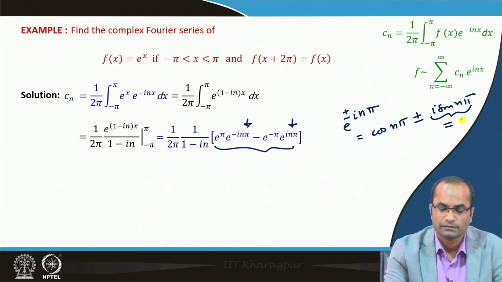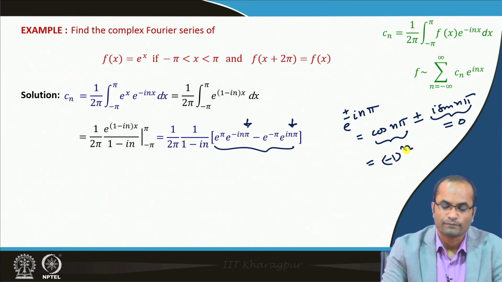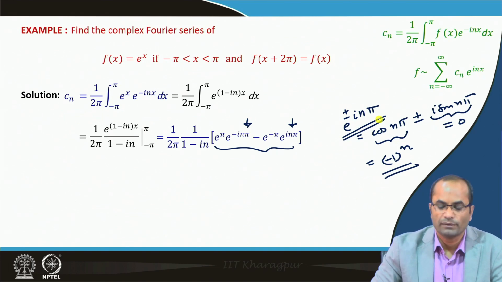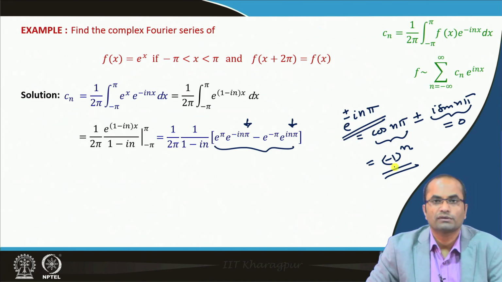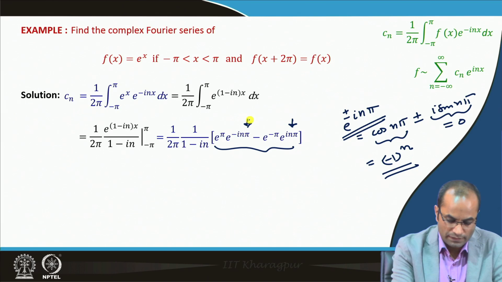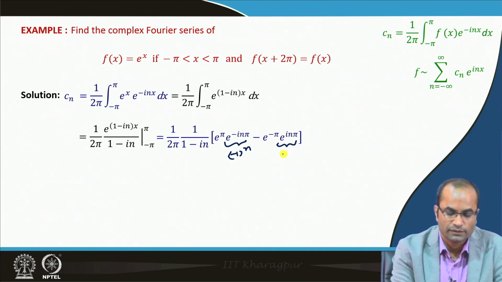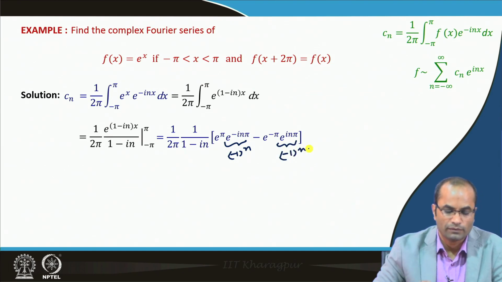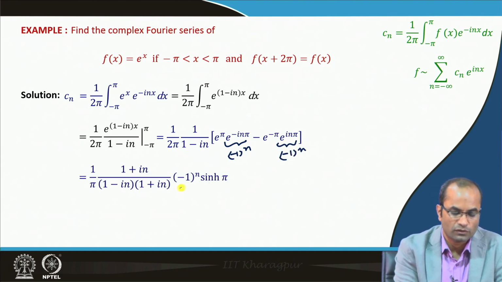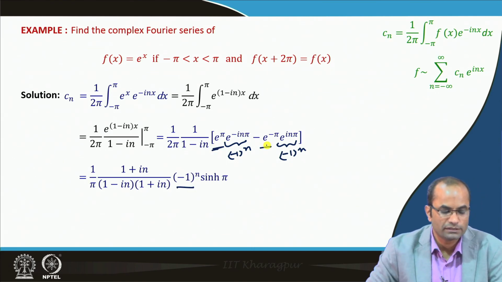Sin n pi is 0 and this cos n pi is (-1)^n. So, e^(±i n pi) is nothing but (-1)^n. So, we have here (-1)^n, and at this place also we have (-1)^n, which we can take common now, and then we have e^pi minus e^(-pi).